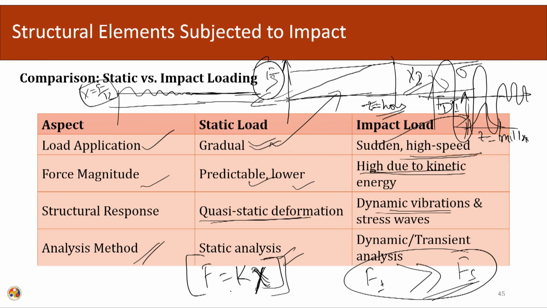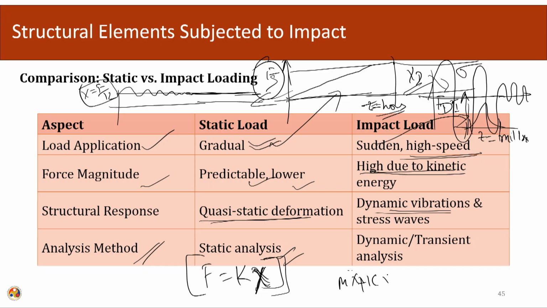So, we can use this equation, but in case of impact we will have to use the dynamic equation of motion, P of t. So, we will have to use the dynamic equation of motion. So, this becomes a dynamic analysis where this remains as a static only analysis. So, this is the short comparison between the static and the impact loading.